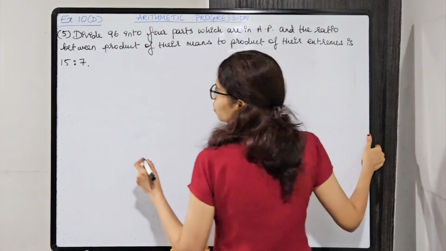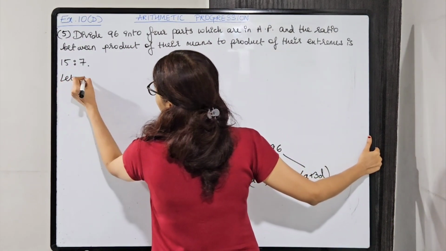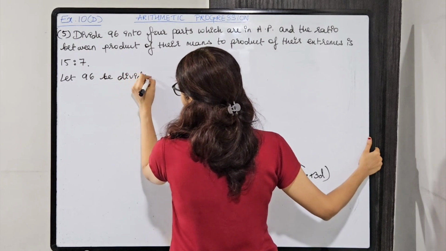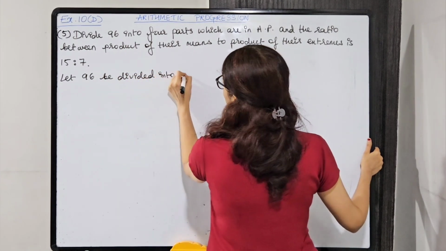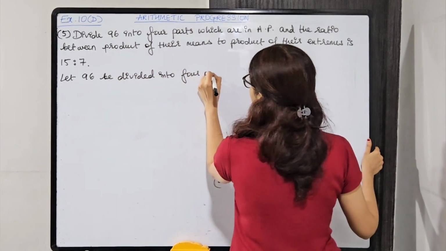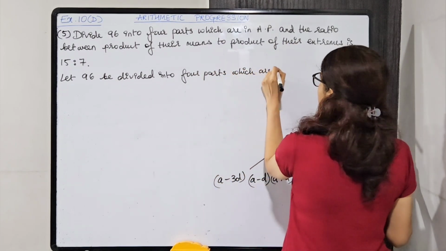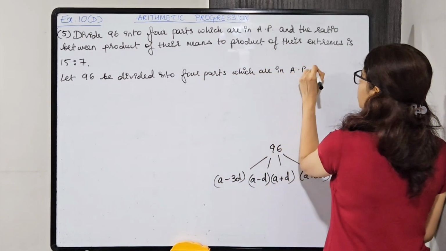Alright, so you'll write down, let 96 be divided into 4 parts which are in AP.